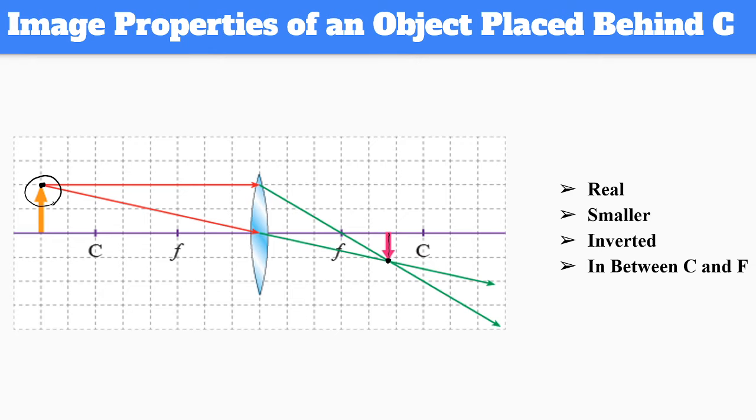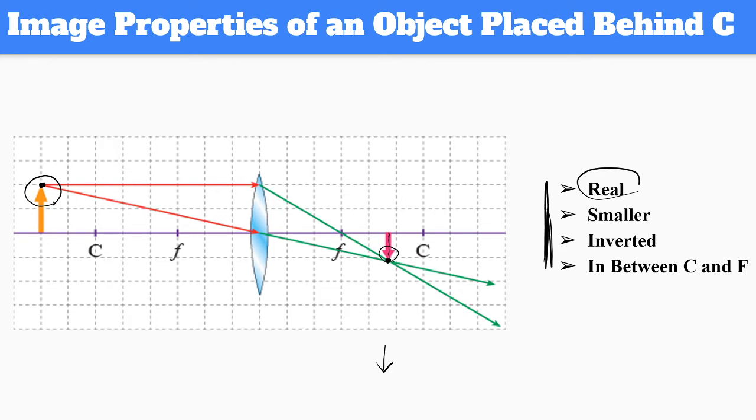So since my point is here, then my arrow is going to be in this part, so my image is going to look like this. Alright, so once we get the image of this top point, we figure out where the image is and how it looks. After this, we are going to be able to figure out all of the properties.